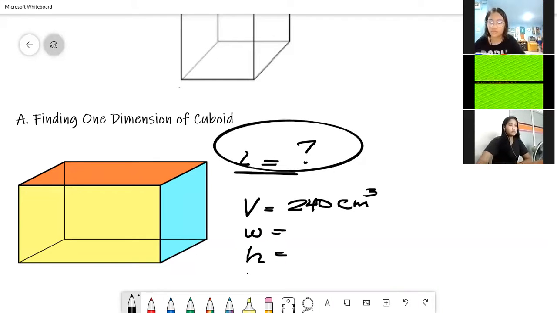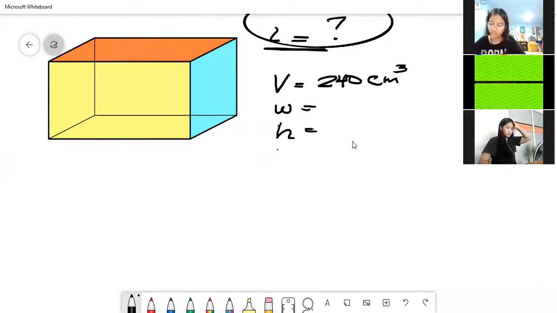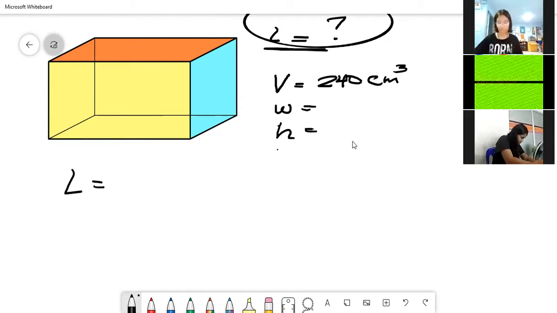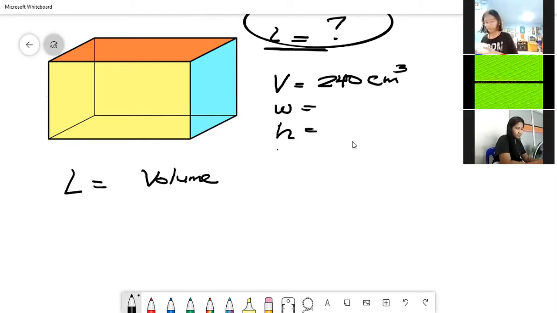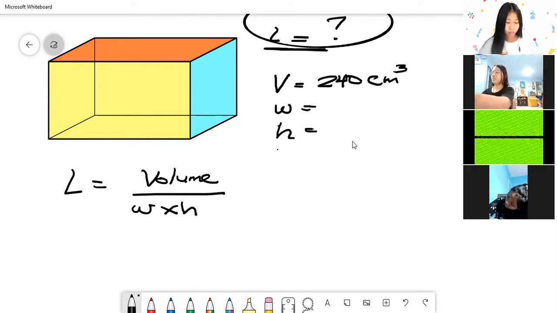What is the formula for that? Everyone, to get the length, everybody write this one. The formula is: length is equal to the volume of the cuboid over the width times the height.